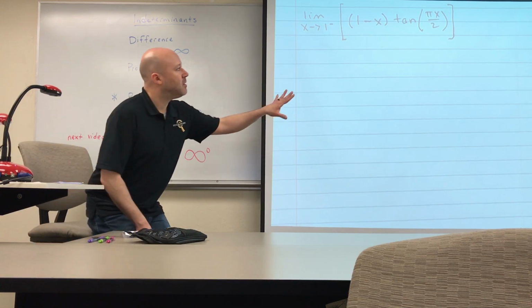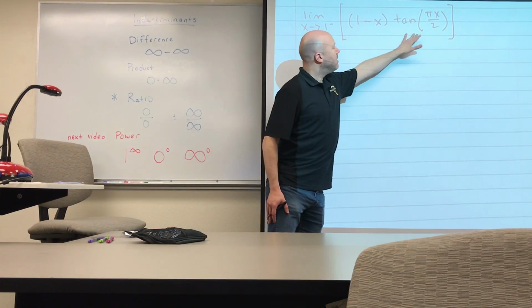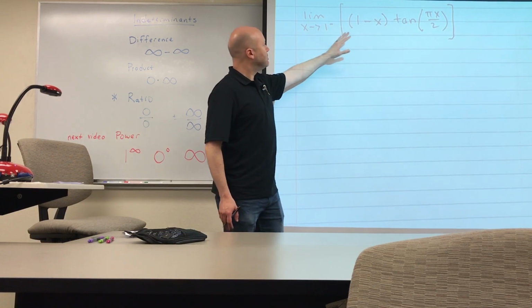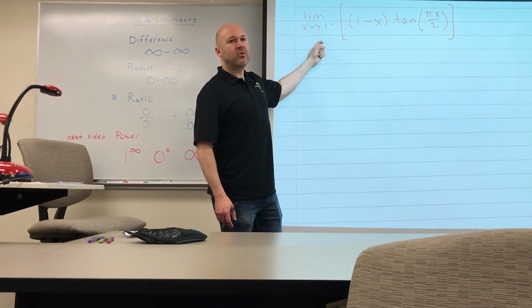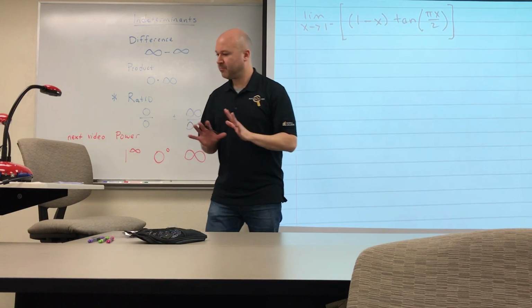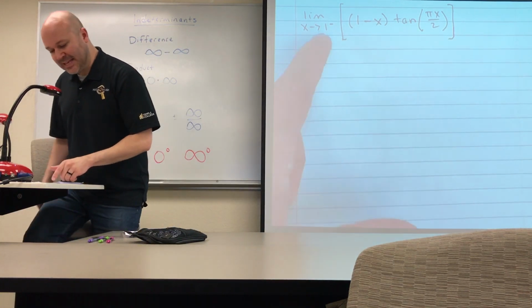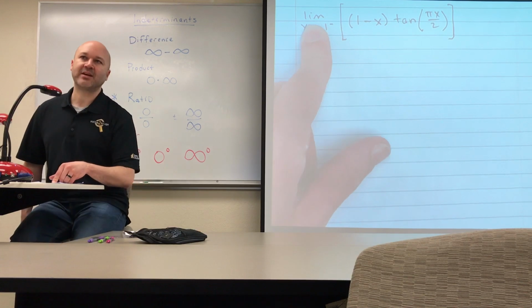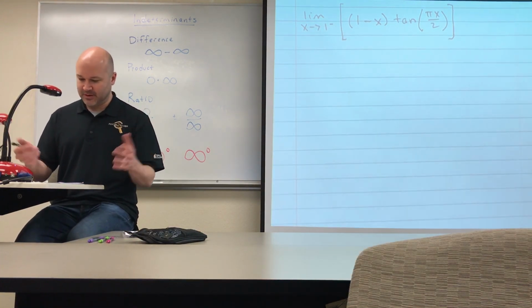All right, I've got some weird form of tangent, and I want to know what's going on with this function as I approach 1 from the left. Okay, just like any limit, I'm going to try direct substitution. If I get a number, I'm done.